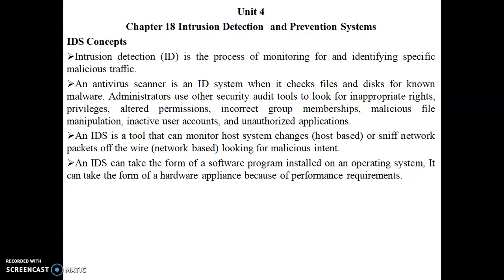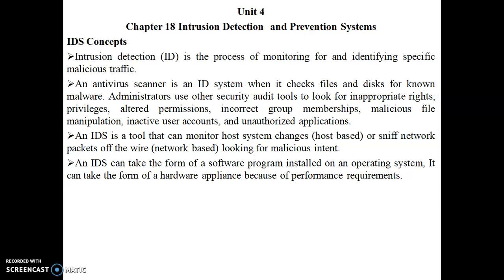For example, an antivirus scanner is a type of IDS, where it scans the files, folders, and the entire computer disk for any kind of malware, virus, or worms. Administrators may use other security tools as well, but the basic thing is IDS.